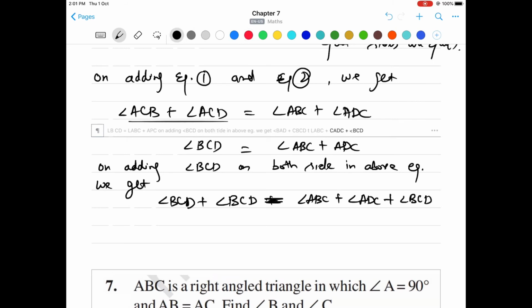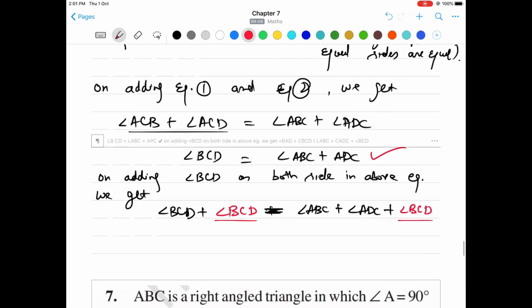What we did here is we have added this extra angle BCD onto both sides of the equation. So we got BCD plus BCD equals ABC plus ADC plus BCD.